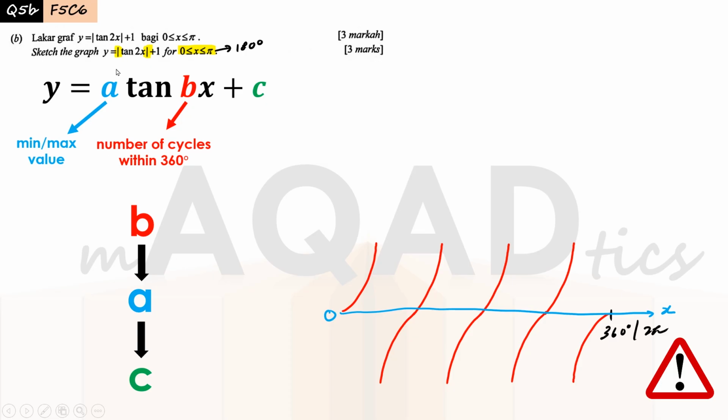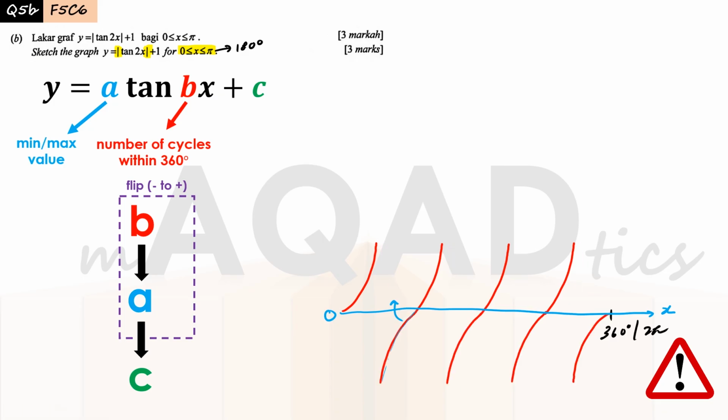So now we are going to deal with the modulus. For all the graph parts which are below the x-axis, which is all of these, we are going to use the x-axis as the mirror to reflect all these parts upwards, which is something like this.